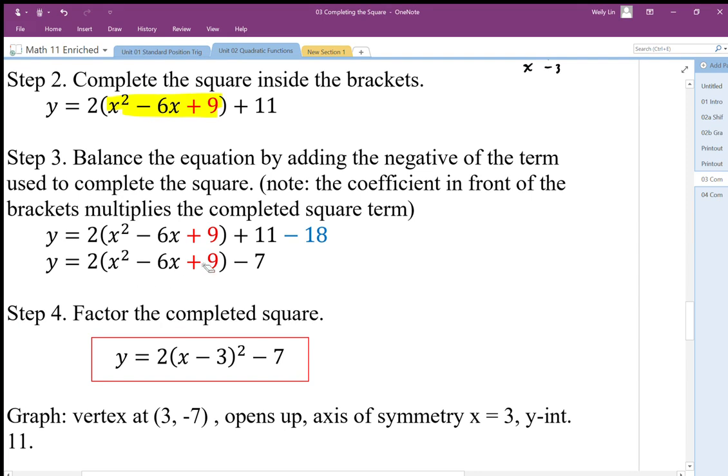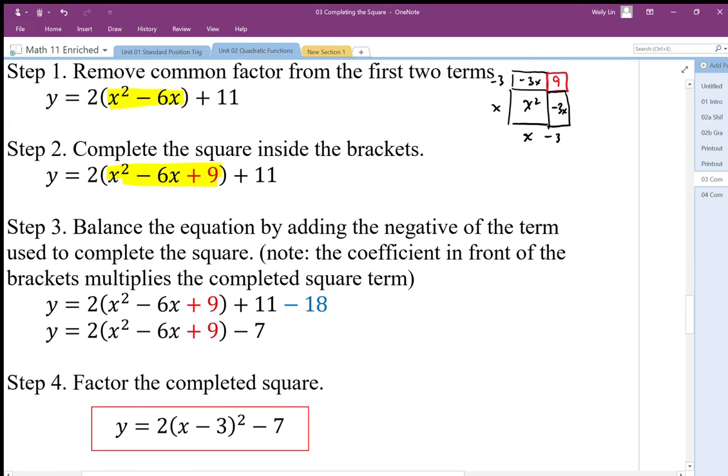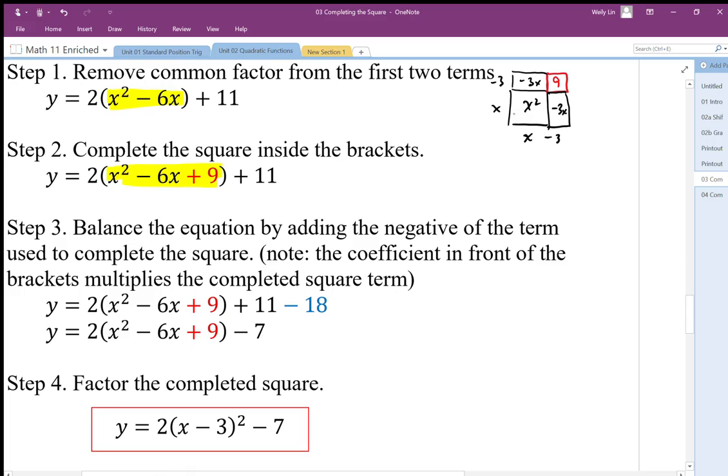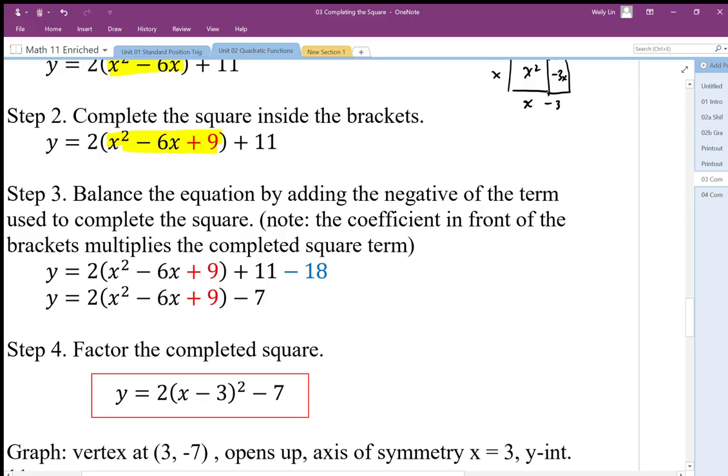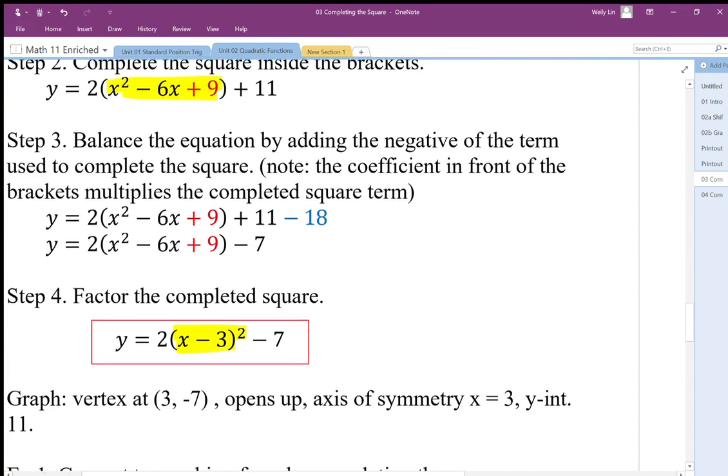We then factor that as our perfect square. The perfect square that we've made is x minus 3 times x minus 3, so there's our x minus 3 squared. And we now have it in our graphing form.